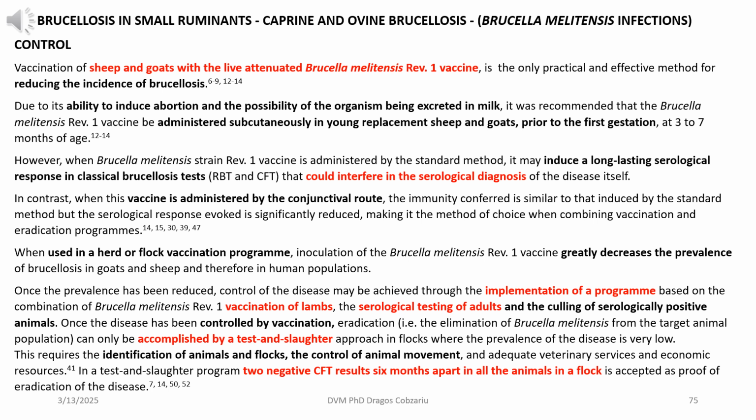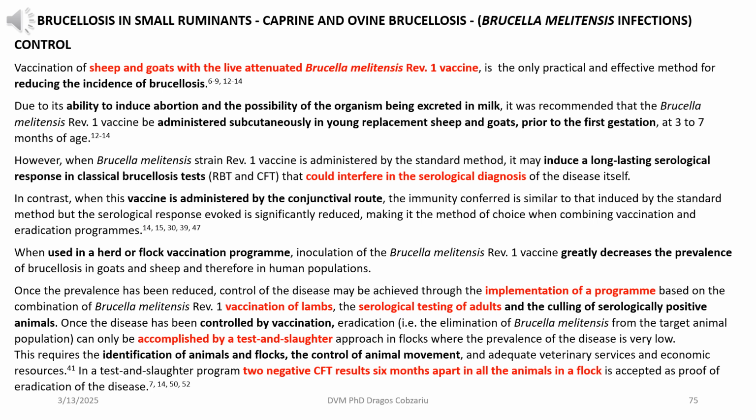Once the prevalence has been reduced, control of the disease may be achieved through the implementation of a program based on the combination of Brucella melitensis Rev.1 vaccination of lambs, the serological testing of adults and the culling of serologically positive animals. Once the disease has been controlled by vaccination, eradication, i.e., the elimination of Brucella melitensis from the target animal population, can only be accomplished by a test and slaughter approach in flocks where the prevalence of the disease is very low.